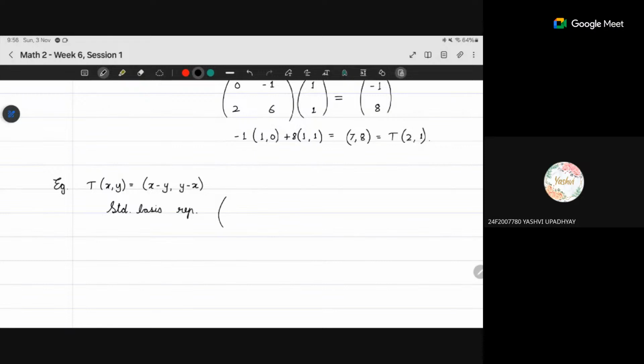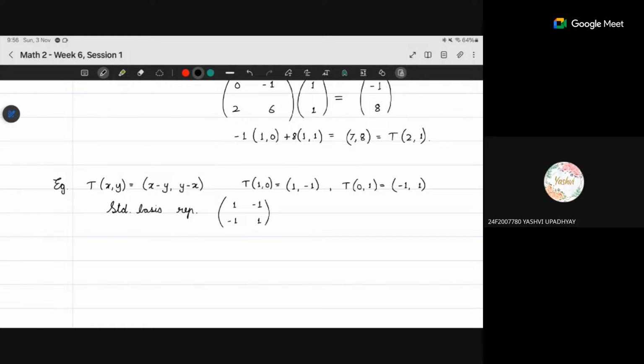It's not 1001. What is T of 0, 1? T of 1, 0? No, sorry. It will be 1 comma minus 1, and minus 1 comma 1. Right? You have 1, minus 1, minus 1, 1. So the image of the first basis vector will be the first column, and the image of the second basis vector will be the second column. So yeah, this is the matrix representation.